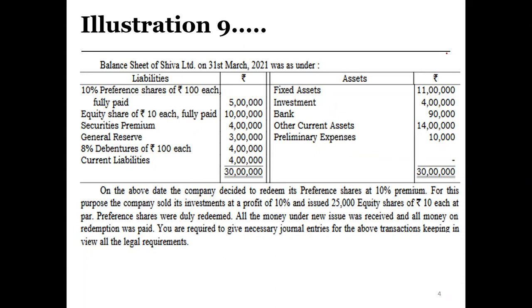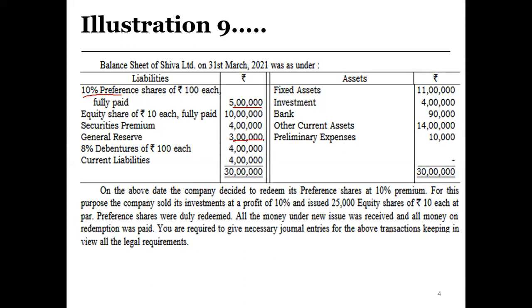On the liability side, we have 10% preference shares of rupees 100 each fully paid up, 5 lakh rupees. Equity share capital of rupees 10 each fully paid up, 10 lakh rupees. Security premium 4 lakh rupees. General reserve 3 lakh rupees. 8% debentures of rupees 100 each, current liability, 4 lakh rupees.